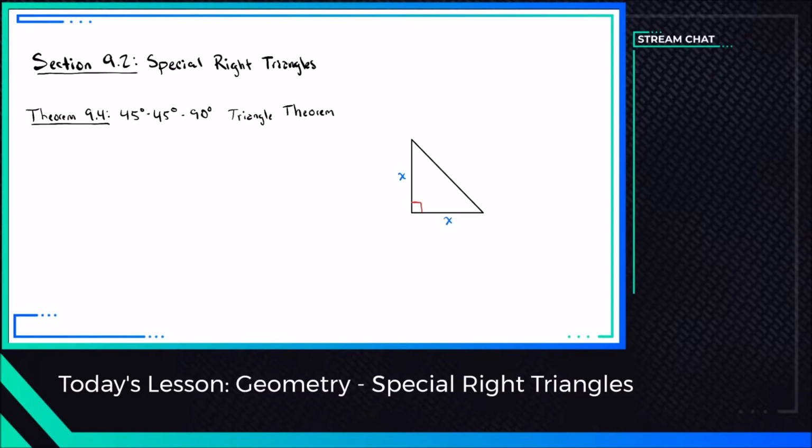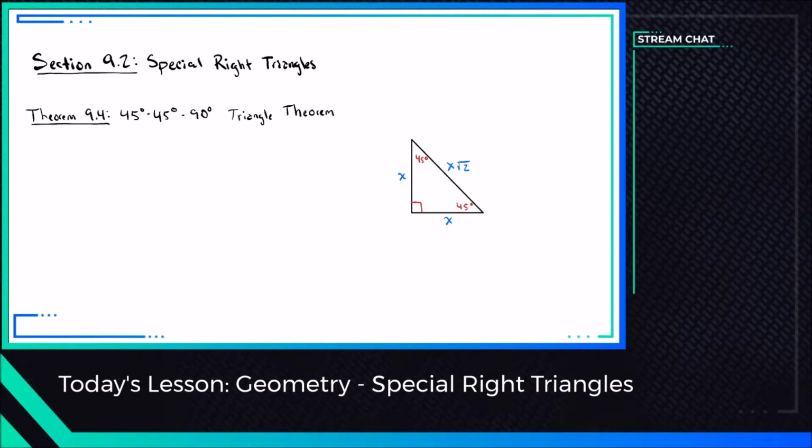And then our hypotenuse, the side that's opposite of the right angle, is going to be x times the square root of 2. So that angle up there is 45 degrees. This angle on the bottom right is 45 degrees.